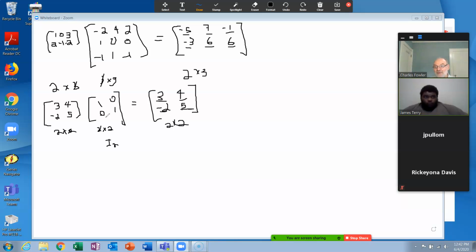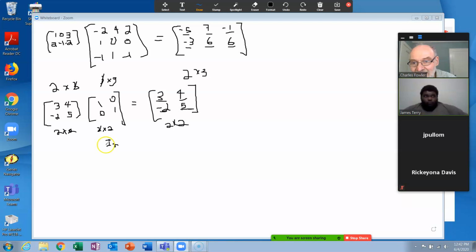If that was a 7 by 7, we call it I sub 7. If it was 3 by 3, it'd be an I sub 3. But it's always every element in the main diagonal is 1, and everything else is a 0.